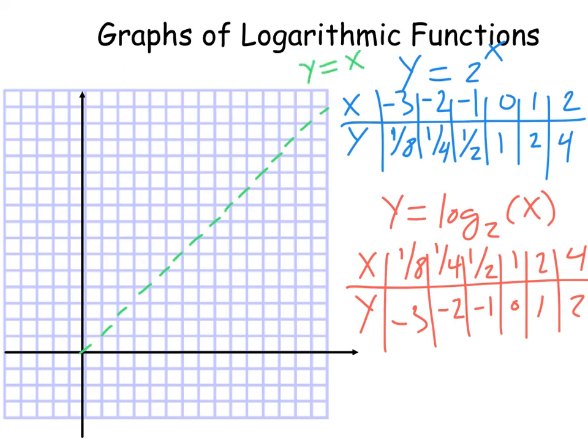We've talked about how these two functions are inverses, so I am graphing the line y equals x. And we should see a relationship between these two graphs with it. That is our exponential curve.